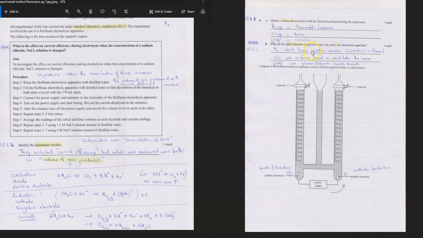Don't have an ignition source. This is a good word to remember. Or if you can't remember that word, just say don't have any sparks or an open flame, in case that gives enough energy to overcome the activation energy, and then the hydrogen will start burning. So chlorine, if you're making chlorine gas here, then when you release the stopcock, you should do this in the fume hood or have the room ventilated.